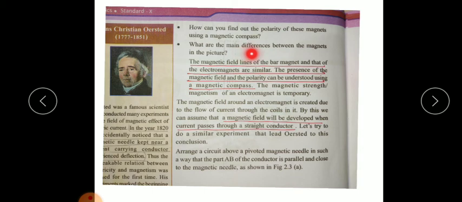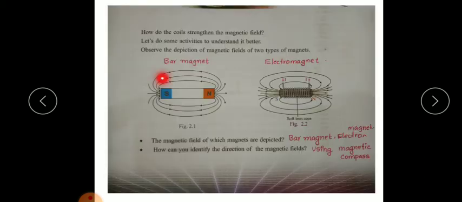What are the main differences between the magnets in this picture? See, this is a bar magnet. So a bar magnet has a permanent magnetic field, while this is an electromagnet, and in this electromagnet the magnetic field is temporary.